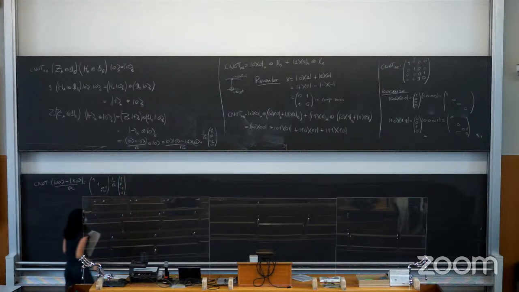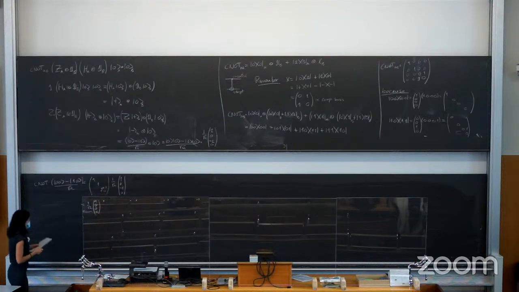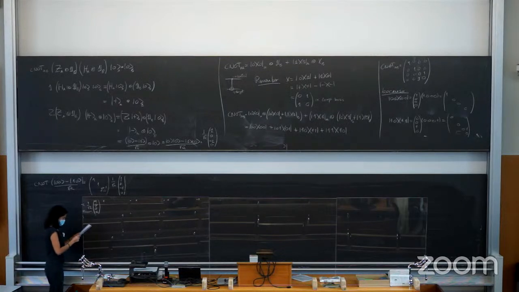I don't multiply them. Nothing happens to this. The first one stays the same. The second one was 0, it stays the same. And the third one just gets flipped from here to here. Again, the computer can do this for you.